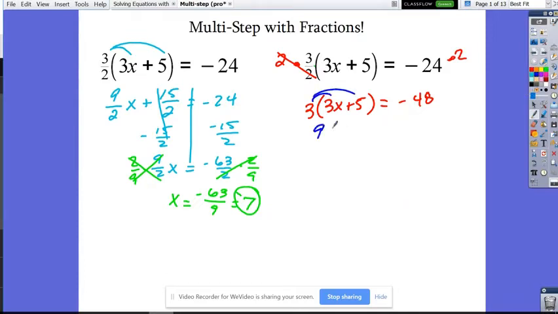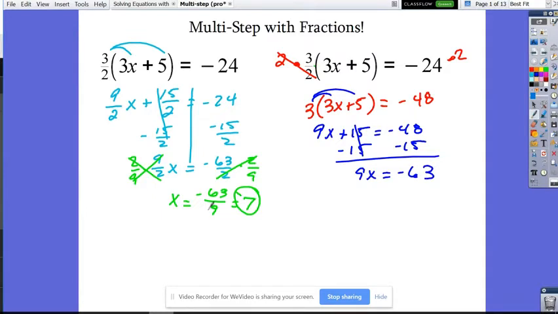Whoosh, whoosh. 9x plus 15 equals negative 48. Minus 15, minus 15. 9x equals negative 63 again, where you can see we kind of got to that setup over here. Divide by 9, divide by 9, x equals negative 7. So it's a much easier way to do it where you don't have to deal with fractions.